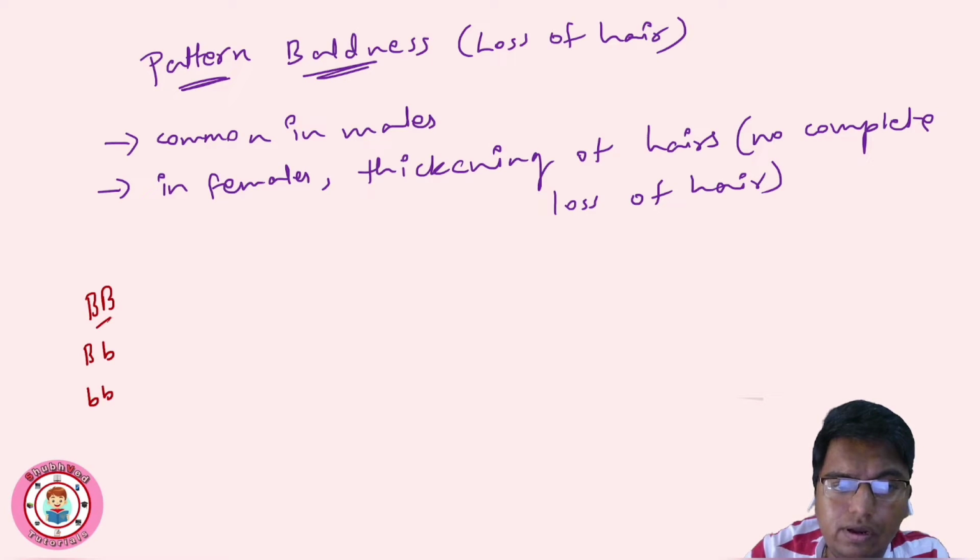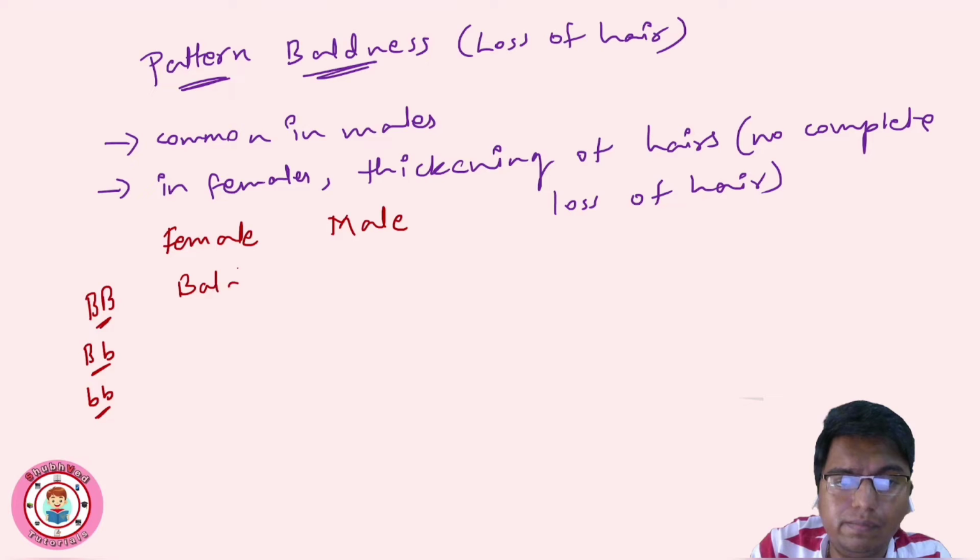This is homozygous dominant, homozygous recessive, and this is the heterozygous condition. Now we have female and male. See, this is the condition BB. We will see a bald phenotype in both male as well as female.